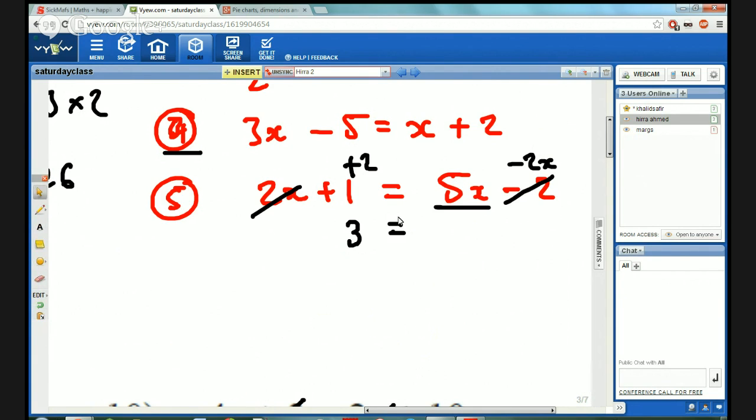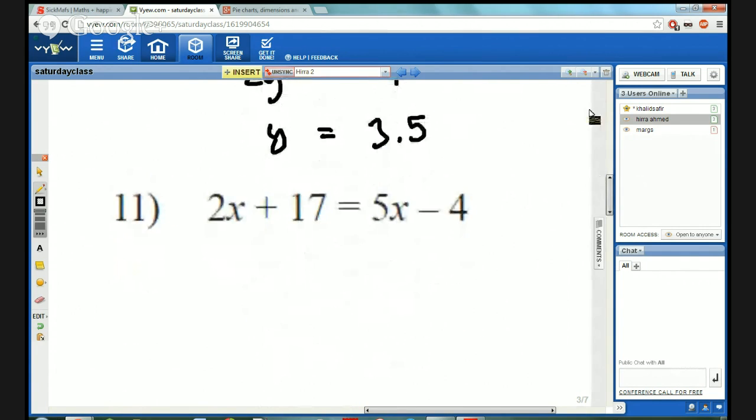So that's a 3, 1 plus 2 is 3. What's this side? 3x. So obviously x equals 1. Now you can do question 11. It's the same thing basically.